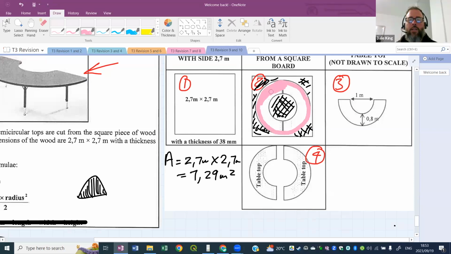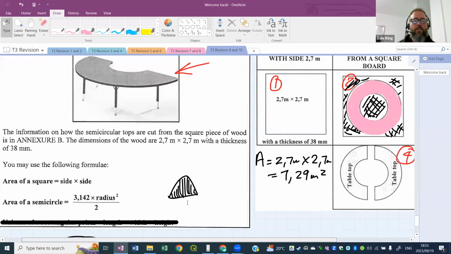When you cut this shape out, you're left with 2,01. So when you cut out that pink part, you're left with 2,01.